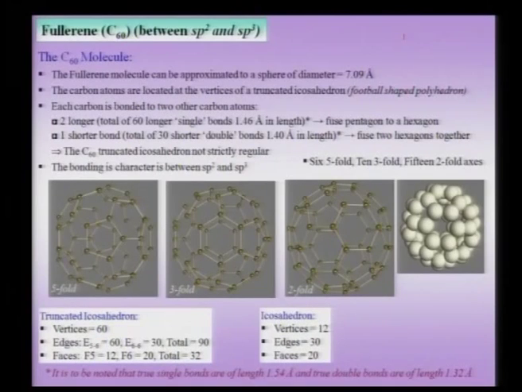The other example of an important molecular crystal is fullerene. If we want to understand the fullerene crystal structure, we should start with the C60 molecule. So, let me show you a model of a C60 molecule.